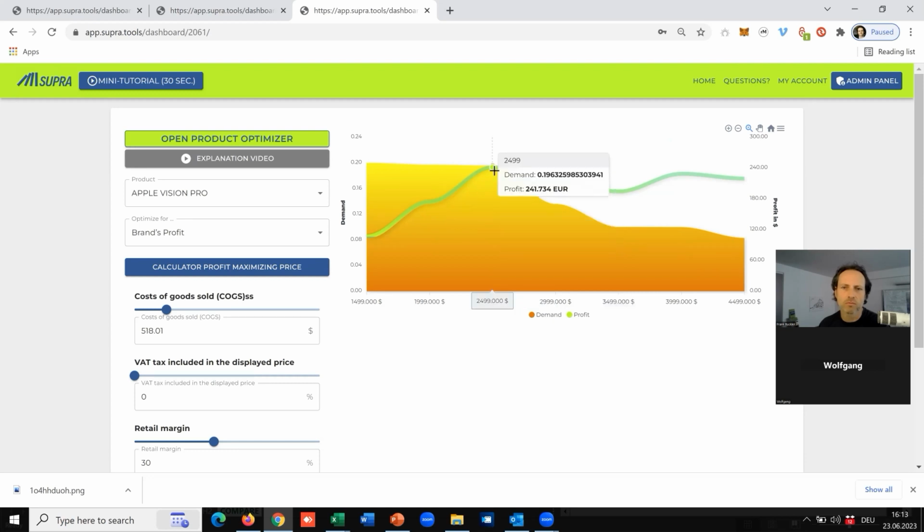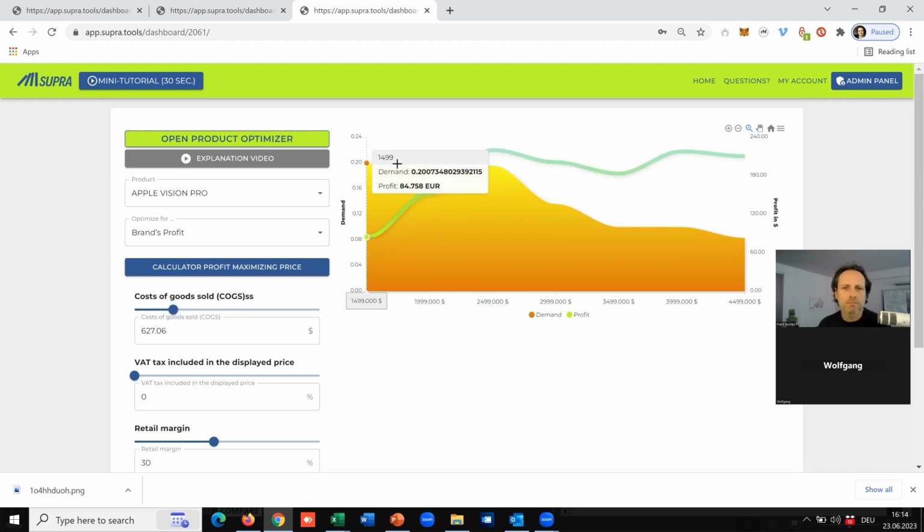Yeah, so there's an elastic piece in here. So for total consumers, depending on where the costs are, right, you would charge either 2,500 or 4,000. Interestingly, the demand is rather low.